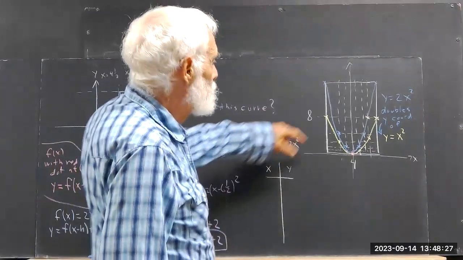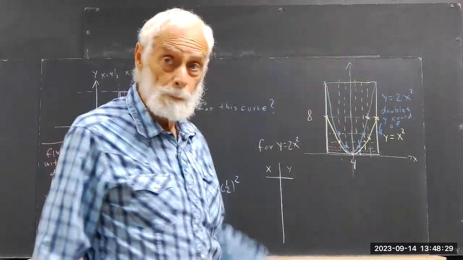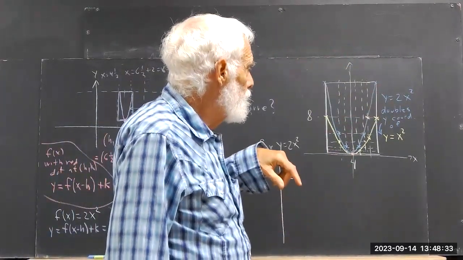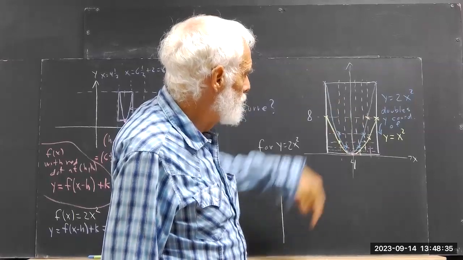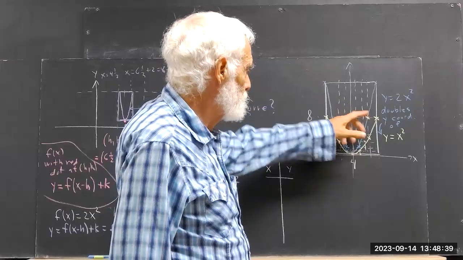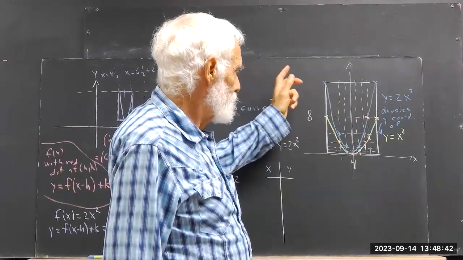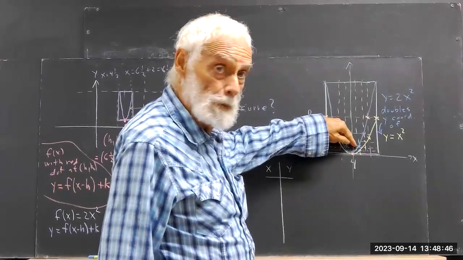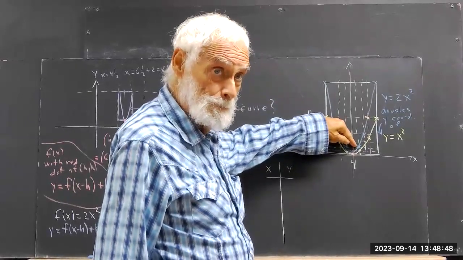Okay, the y equals 2x squared function here, for the blue graph. You see this point that I've marked? Well, actually, it's not one of the blue points. Take this blue point right here. Okay?